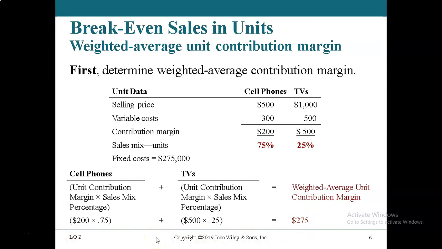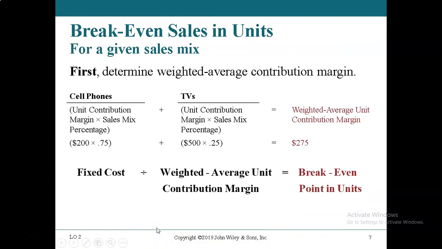Okay, so let's take a look at the next slide. Remember, a weighted average contribution margin is $275. So how do you figure out break even in units? That was on the formula sheet, but the formula is here: fixed cost divided by weighted average unit contribution margin.